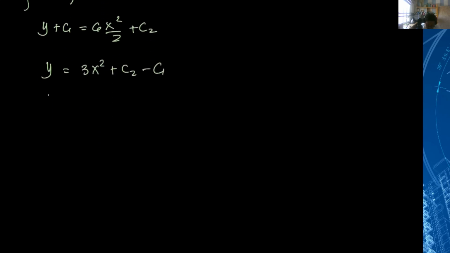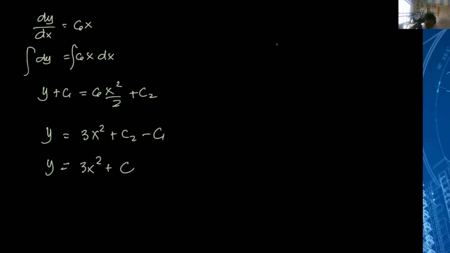Let's integrate this. Y plus c1 equals 6x squared over 2 plus c2, so y equals 3x squared plus c2 minus c1. Again, c2 and c1 can be combined, so this becomes c.